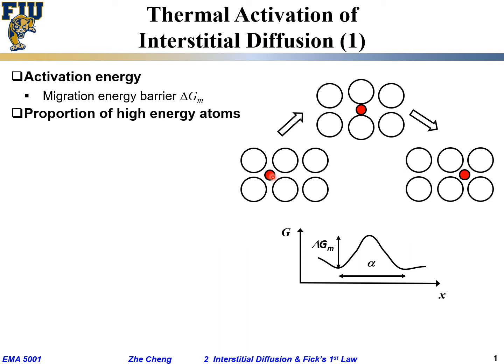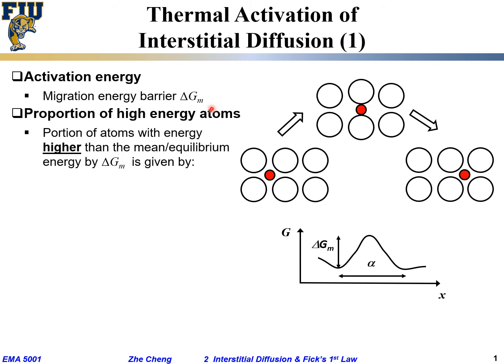If we have a large number of interstitial atoms, how many of them have kinetic energy higher than this? All sits at here. That's the Boltzmann distribution. How many of them have kinetic energy that is higher than this barrier? Or how many of them sit at here? It means the same thing. It would be given by this distribution. It's a probability.